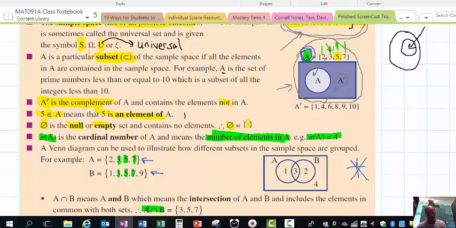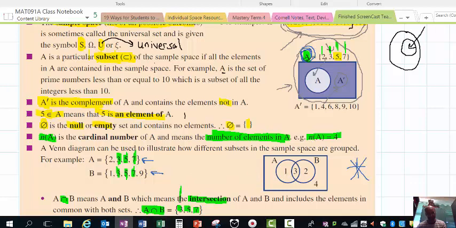So A intersection B are the things that are in both, and the set A intersection B is 3, 5 and 7. So we write A intersection B, that's what that curvy N intersection symbol is. Think of N for intersection, and you get that symbol.